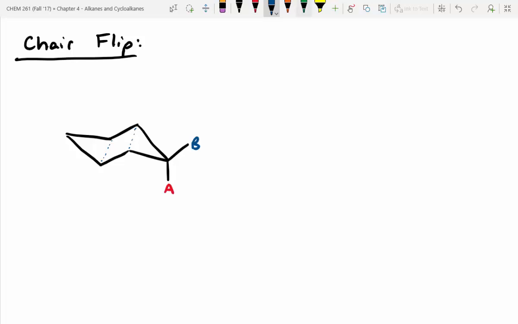And then what you're going to imagine doing, you're going to take this footrest and you're going to flip your footrest up. And you're going to take this headrest that we talked about and you're going to pull that headrest down. All right? And this can occur at room temperature for a lot of cyclohexanes, but when you do this, now the two parallel lines that you start with are offset in the opposite direction.